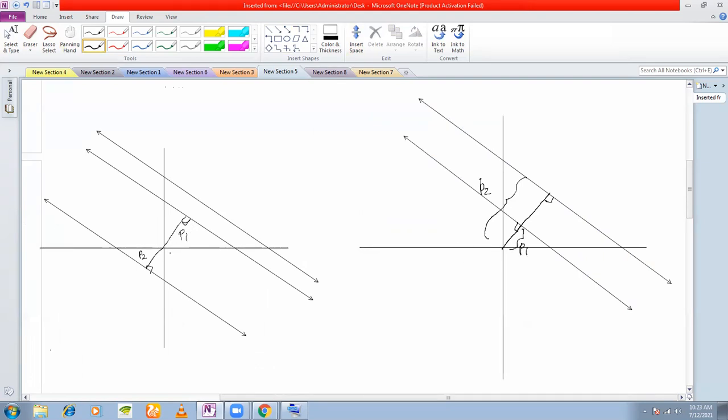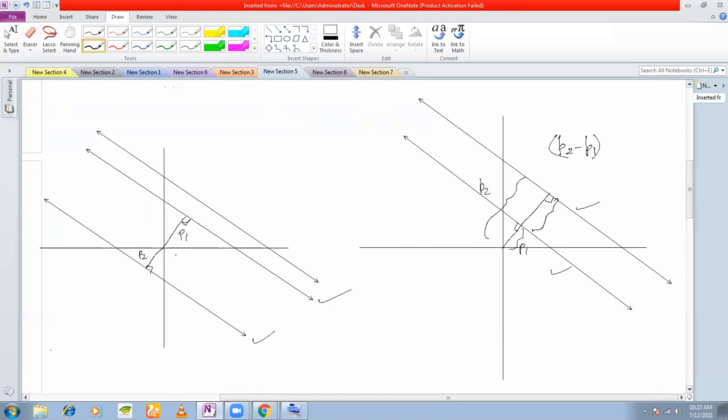So I don't know whether the straight lines are aligned this way or whether they are aligned this way. In this case, what should be the distance between the lines? P1 plus P2, right? Sorry, P2 minus P1, not P1 plus P2. Distance between the parallel lines, this distance here is P2 minus P1, right?